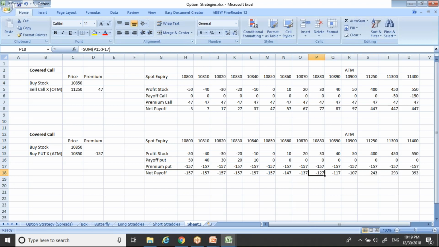And so here you can say the maximum loss is 157, the premium amount you have paid, and the profit is unlimited. So losses are limited and profits are unlimited. So the protective put strategy's payoff is almost similar to the payoff of a call.